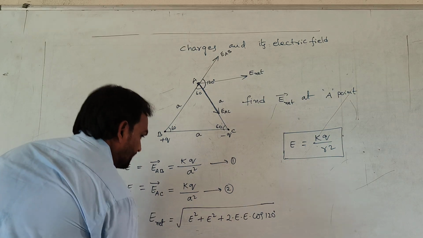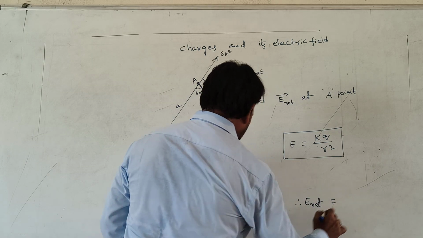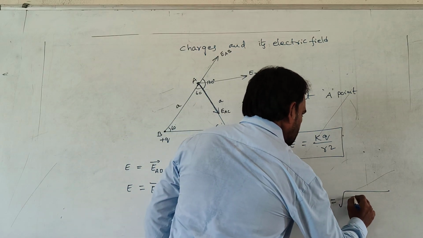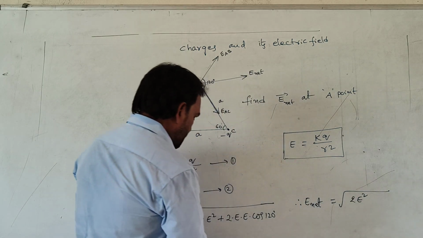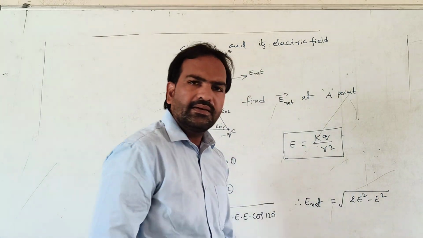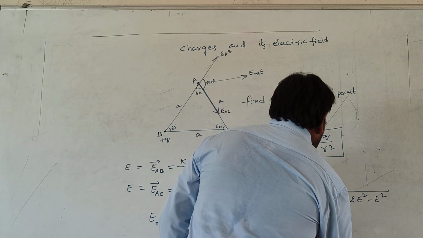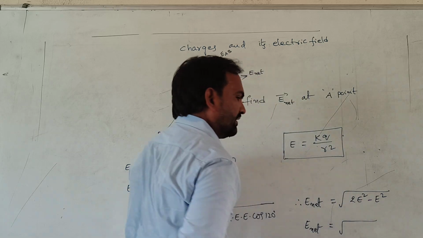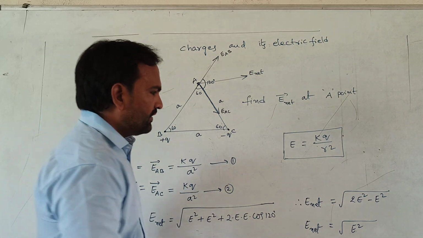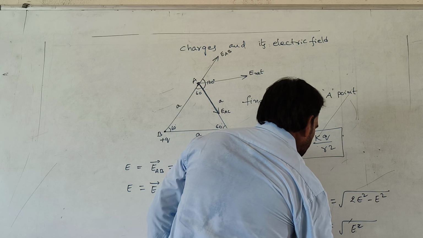Then E net is equal to root of 2E square minus E square, which gives E square. Okay students, the root and square cancel each other, and you get E net is equal to E.